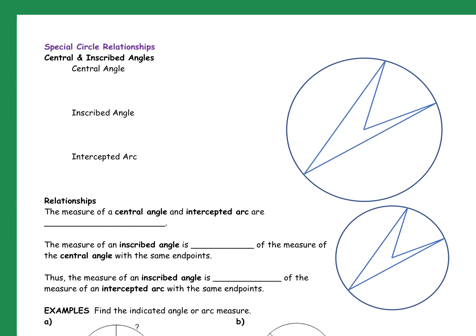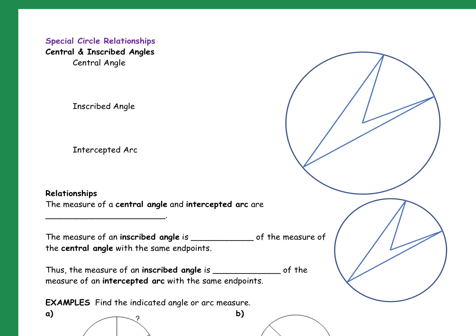I'm going to try and have the picture here so I can define it. A central angle is an angle at the center of a circle with endpoints on the circle's circumference.